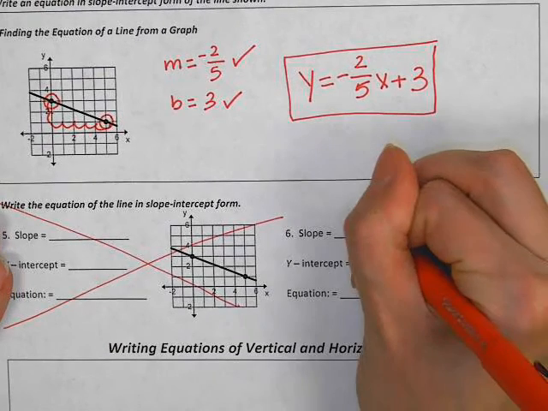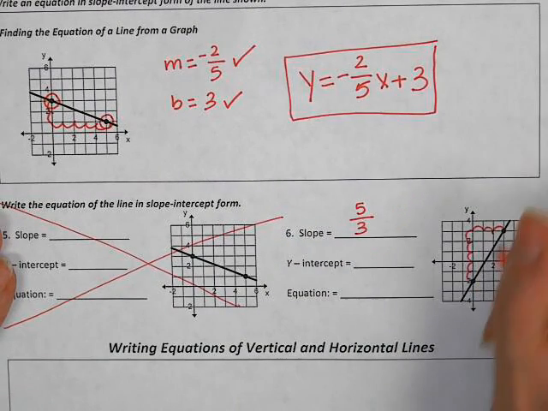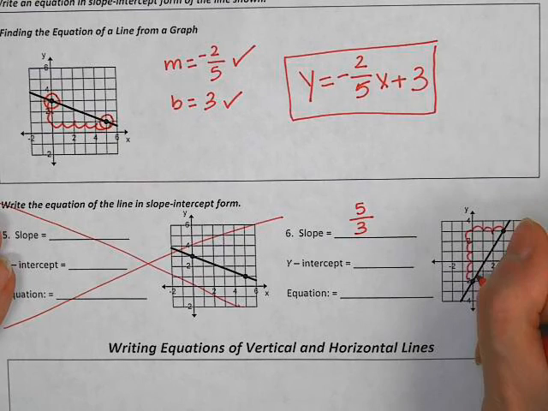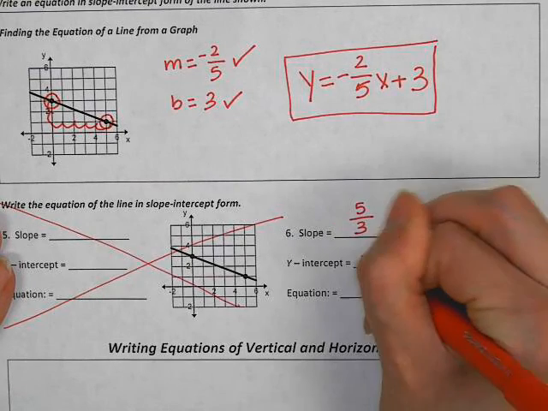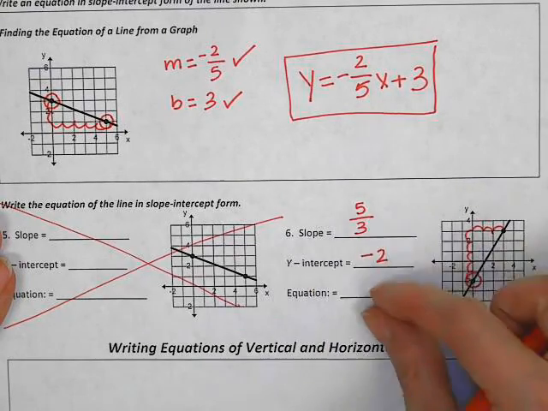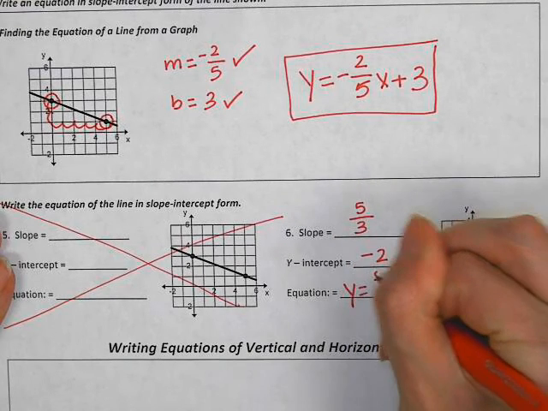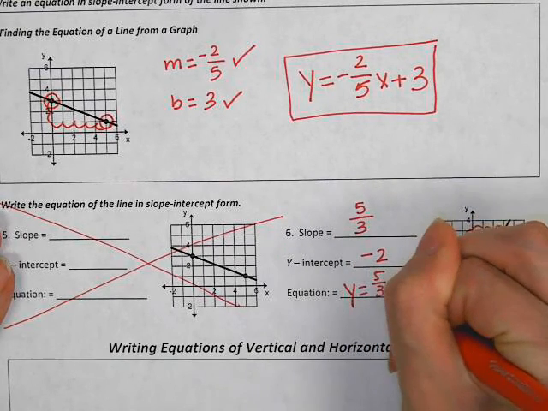So the slope is 5 over 3. And the y-intercept, where does the line cross the y-axis? It's down here at negative 2. And if you put it together, y equals mx plus b, it's y equals 5/3 x minus 2.